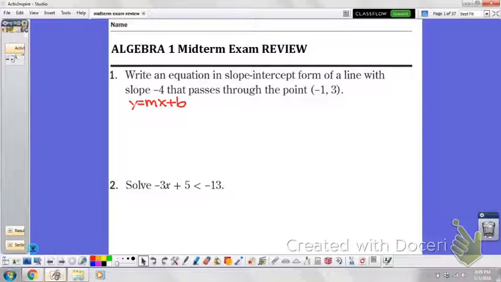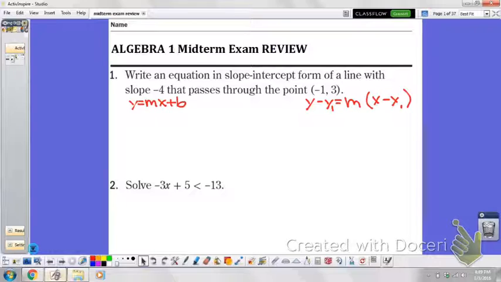So we need to end with an equation in this form, and we can do that two ways. We can use this equation or use the other equation, the point-slope form, which is y minus y1 equal to m times x minus x1. It doesn't matter which you use, both will give you the same equation, it's just your preference.